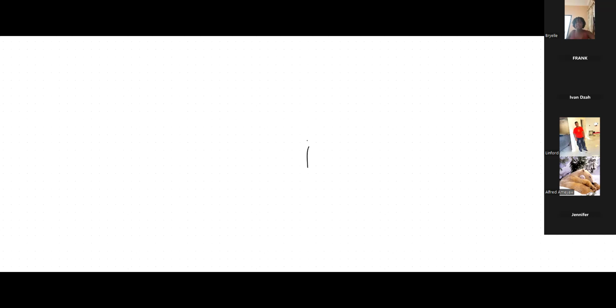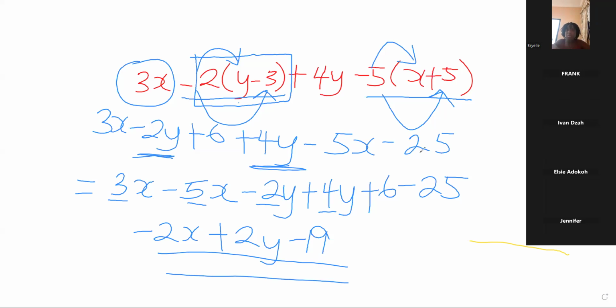Can you give me the question again? The entire question. 5x minus 2y, where? Which part? Is it the second line or the third line? Second. Here, what I've marked. No, the third line.